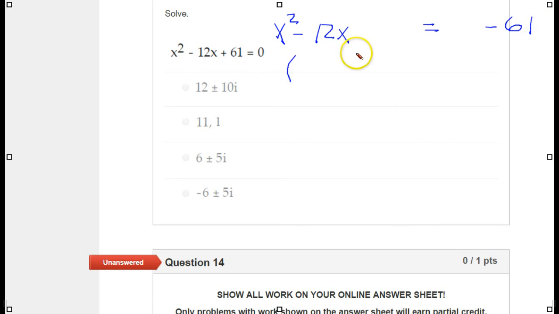Then we put a parenthesis squared, and we use that technique to complete the square. So this is x, half of this is 6. So now we're going to square the negative 6. This gives me a positive 36 that we're going to add to both sides.